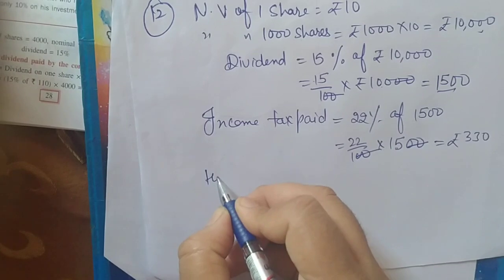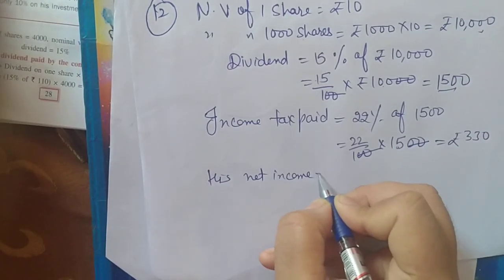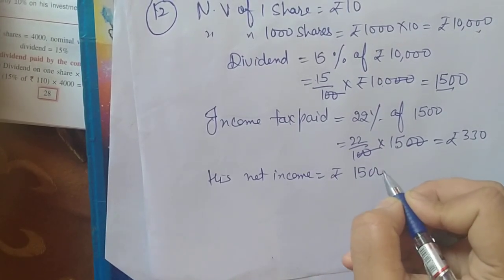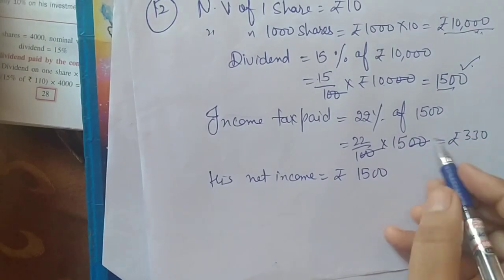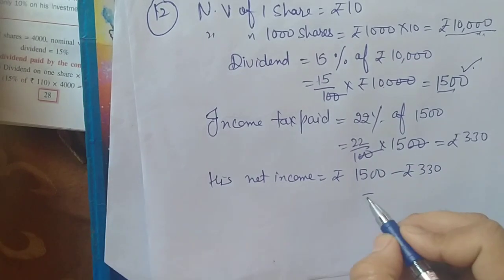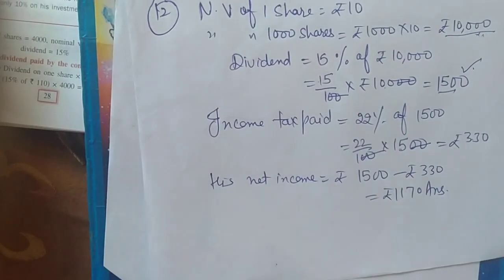So his net income is equal to rupees 1500, because this was the profit. The amount he invested is already his, so the income tax we have to subtract. This will give us 1170 as the answer. I think this concept is clear to you.